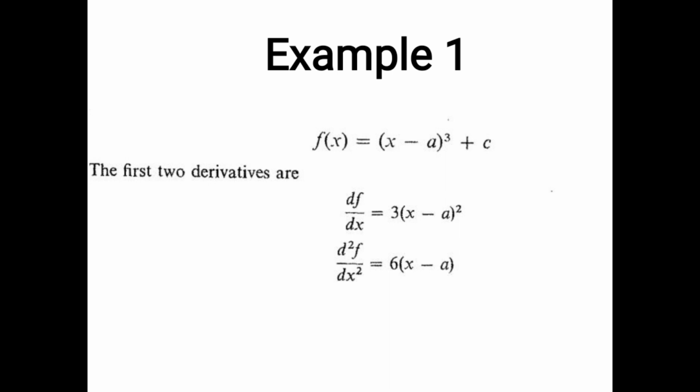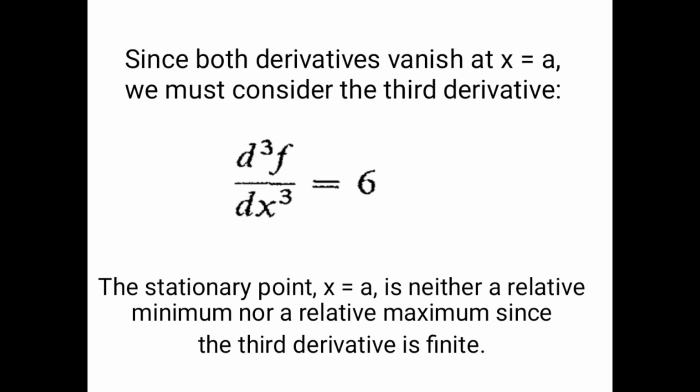Let's look at example 1. f of x equals x minus a all raised to power 3 plus c. We look at the first two derivatives of this function. The first derivative gives 3 times x minus a all raised to power 2, and the second derivative gives 6 times x minus a.